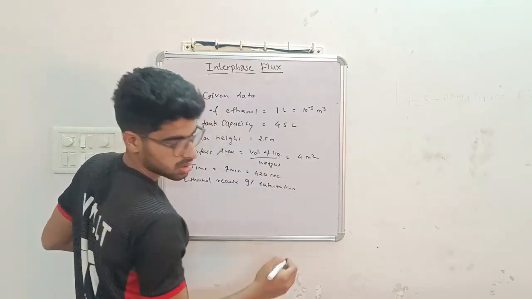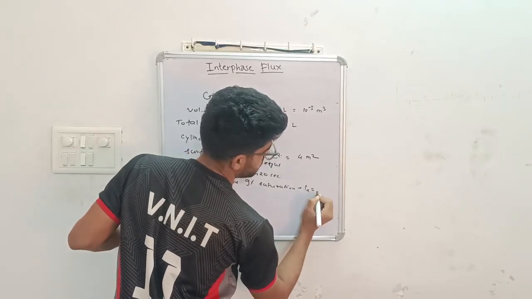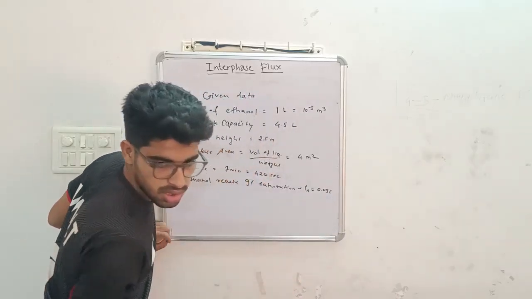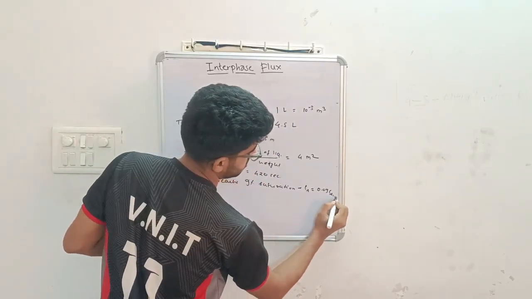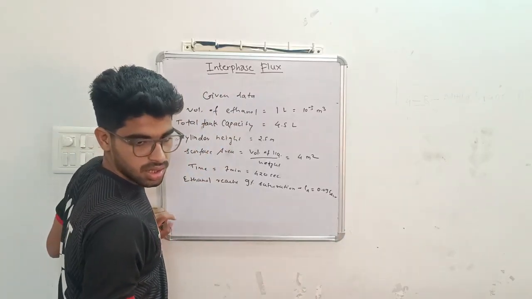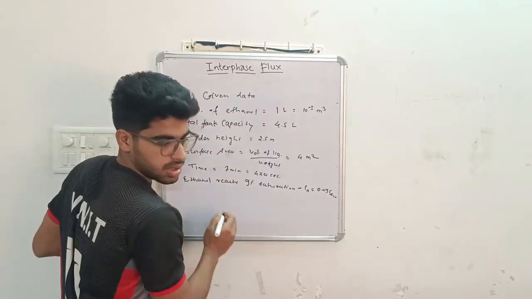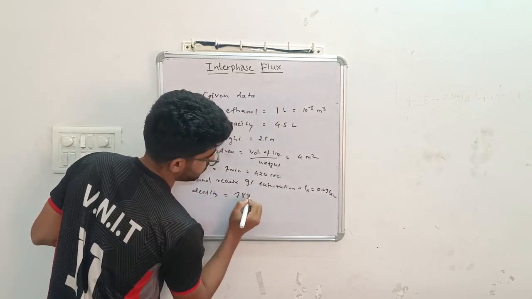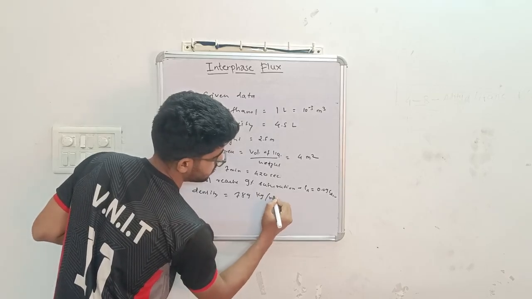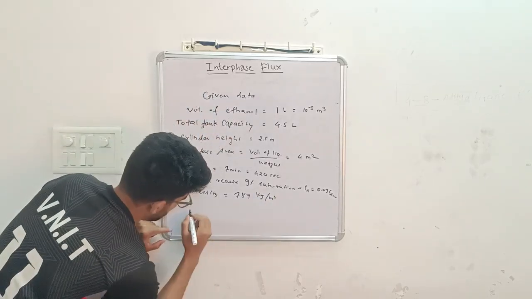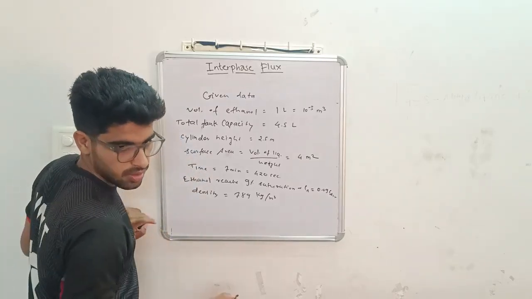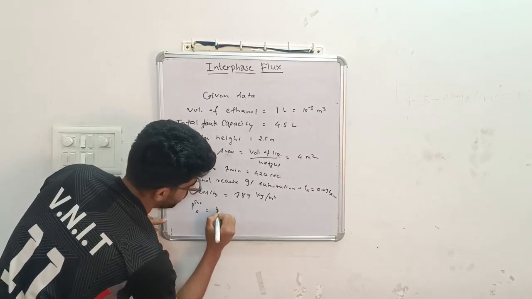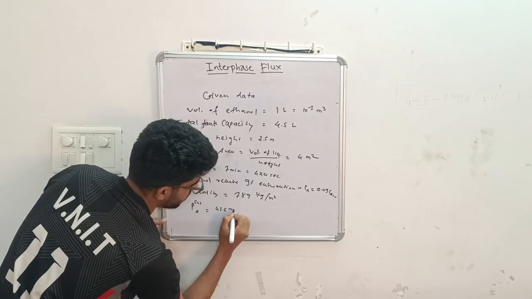Which can be written as CA is equal to 0.09 C air. And our density is 789 kg per meter cube, and our saturation pressure is given as 43.6 mm of Hg.